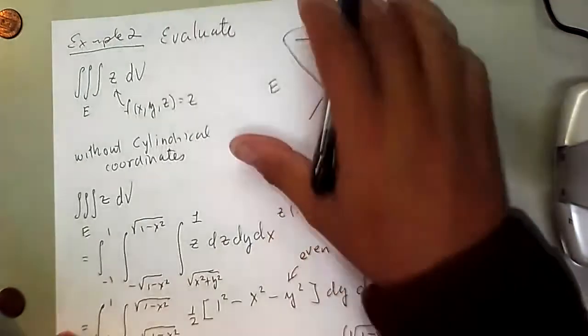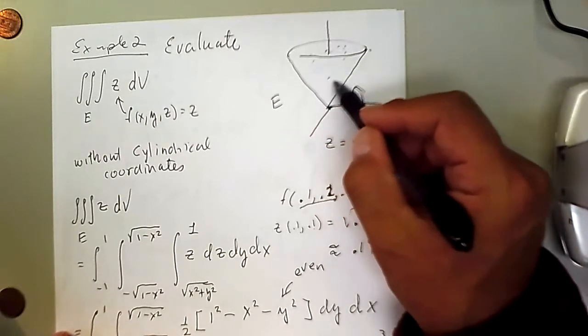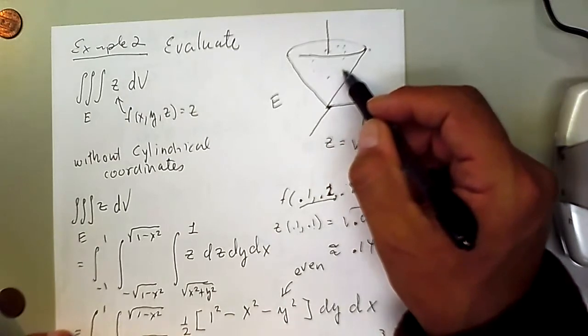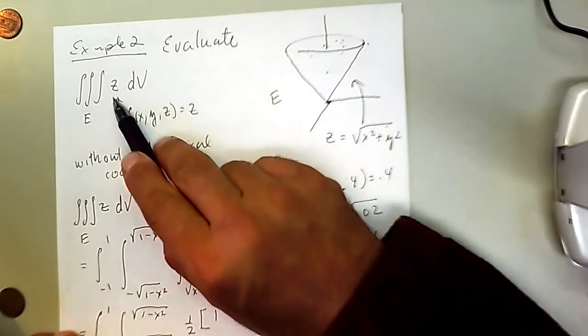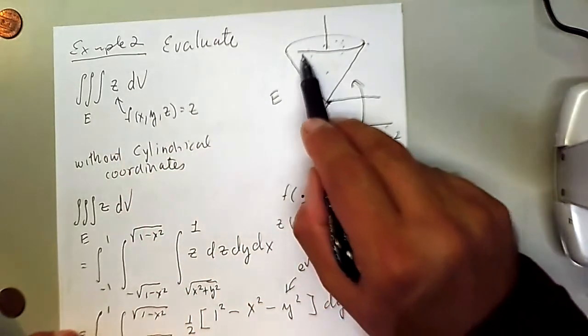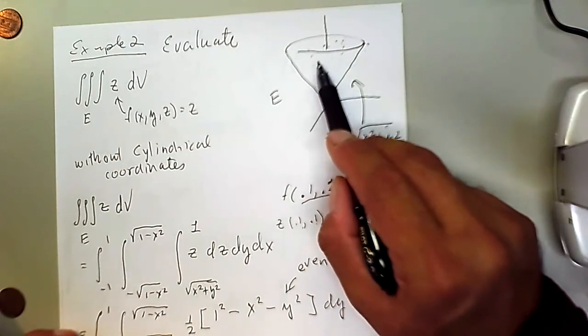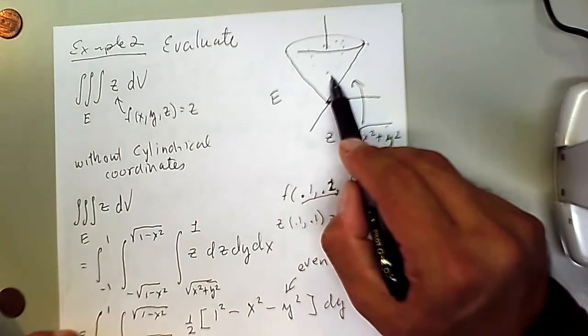So the integral of this is pi over 4, or 1/4 of pi. If you include the height of each point, by the way, the volume of this is pi over 3.